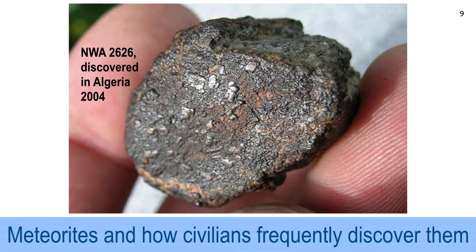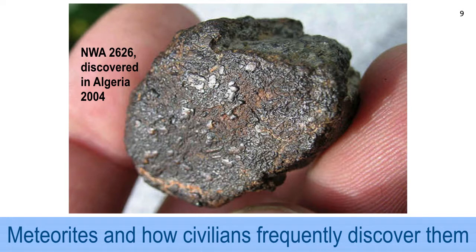And that can happen. We've collected a lot of chunks of Mars, and we've got chunks of various big asteroids from the asteroid belt as well. So now the cool thing about this is it's called NWA 2626, right?